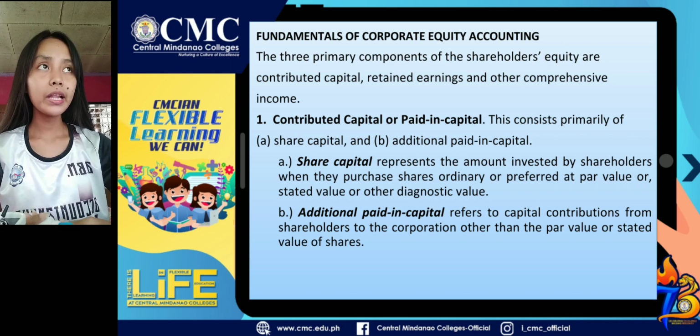So, since mababa lang naman yung pag-set ng par value ng isang stock, sa katunayan, nasa cents lang yung pag-set ng par value ng isang stock, kadalasan or most of the amount na binayad ng investor para sa stock ay napupunta lahat sa, or nare-record lahat sa, additional paid-in capital.